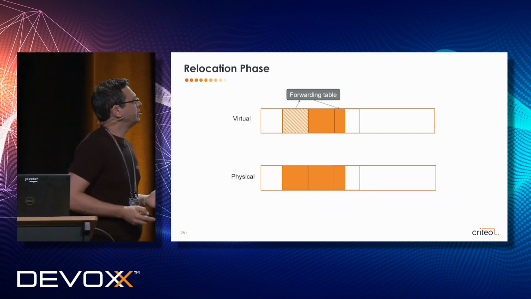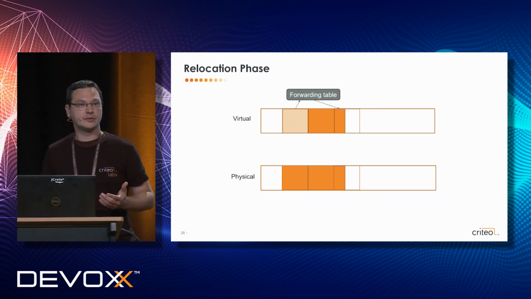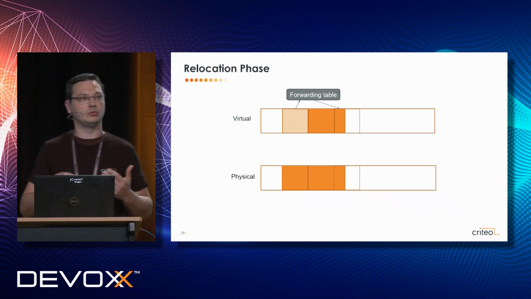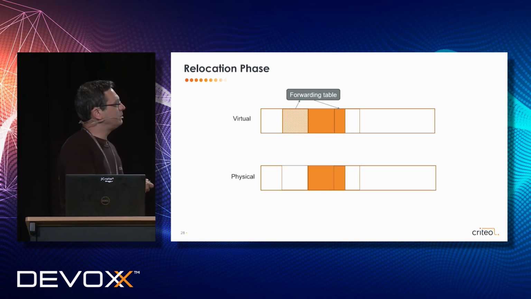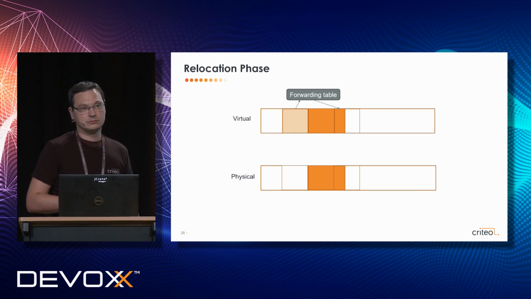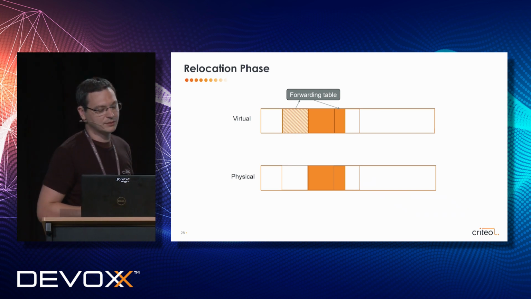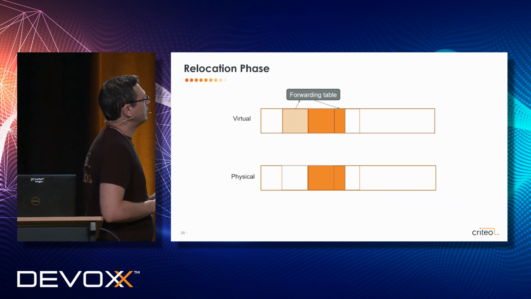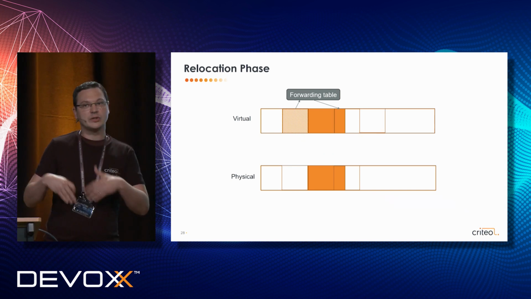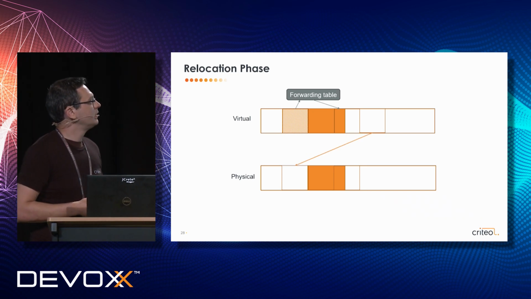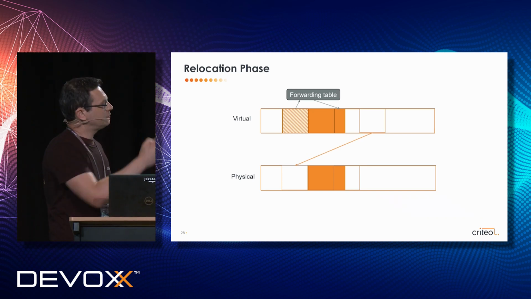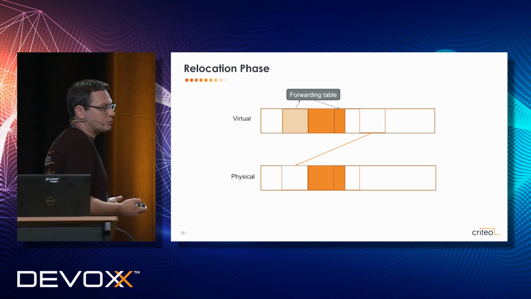We install forwarding tables to know where the objects have been moved. We release the physical page here, only the physical part, not the virtual one. And we can allocate a new page to go to the next page, and this page will be backed by the physical page that we just released.